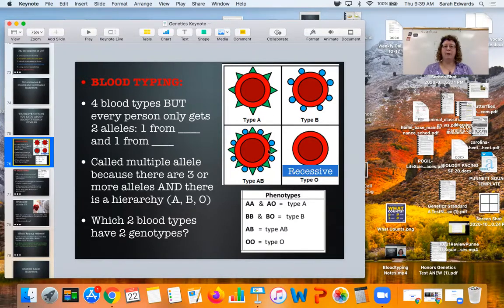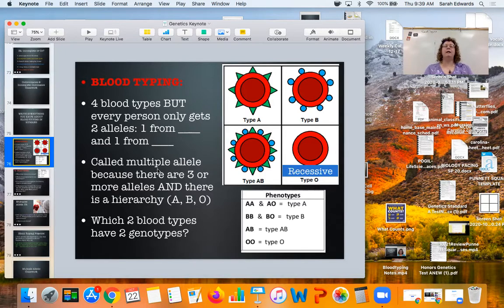Now, although there's 4 blood types, every person only gets 1 allele for blood type from each parent. So we have 1 gene for blood type, which is made up of 2 alleles. So we can only have 1 type of blood. One person cannot have all these different types.